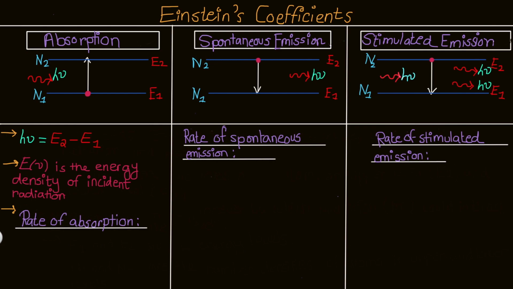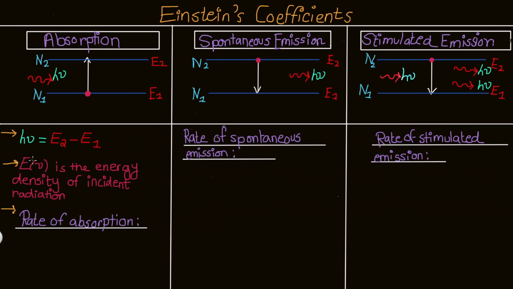So let's first look at absorption. As I said before, in absorption, radiation comes in, the photon gets absorbed by the atom in the lower level, and the atom jumps to the upper level, where the number density of atoms is denoted by N2 and the energy is E2.